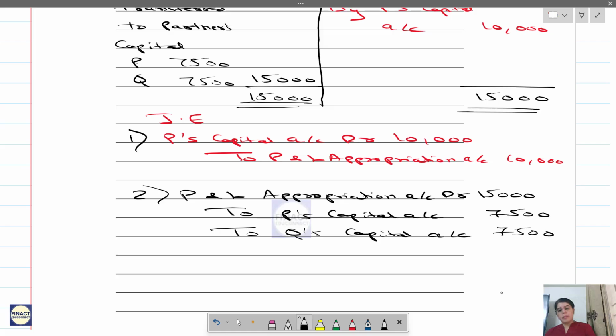Okay, so now remember, whenever there is a deficiency from partner to firm, that time we follow this accounting method and we adjust it in the profit and loss appropriation account directly.